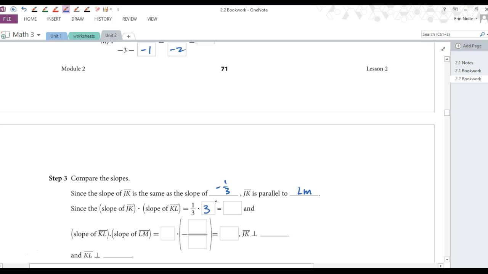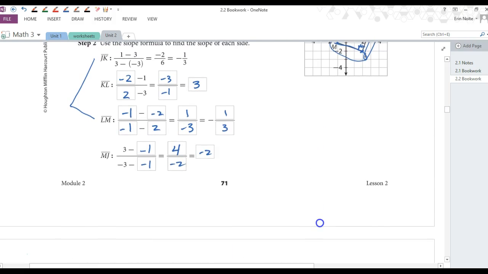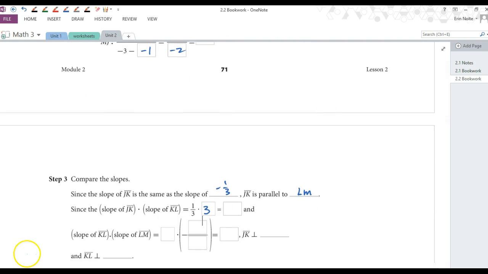And if you multiply 1/3 times, so 1/3 times 3, I'm not sure if you guys noticed a typo here. Look at that. That should be a negative 1/3, right? We just pulled it straight out. So negative 1/3 times 3 is negative 1. Oh my gosh, I can't believe I made that mistake.